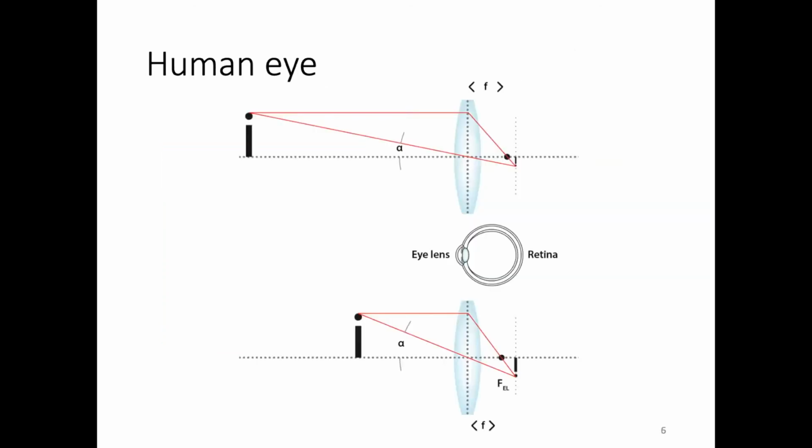Okay, so the human eye is of course a very interesting tool because it can actually change the focal distance. If we are looking at an object in the distance, here's the retina, this is the focal point of the lens, and you can do this simple construction of the light path. Here we have the straight one that goes from the lens through the focal point onto the retina, and we can have a small image.